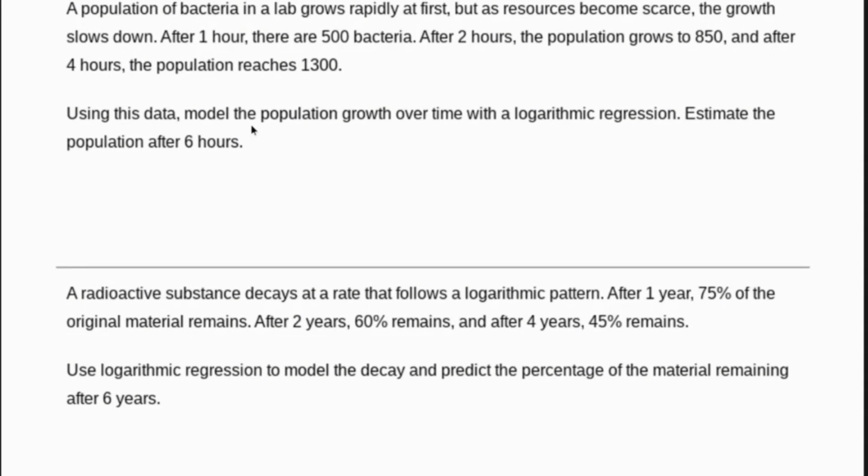Using this data, model the population growth over time with a logarithmic regression and estimate the population after 6 hours. Okay, so I don't need to write out the equation. I'm just going to use my calculator to plug in 1, 500, 2, 850, 4, 1,300, and use that to then plug in 6 and see what we get.